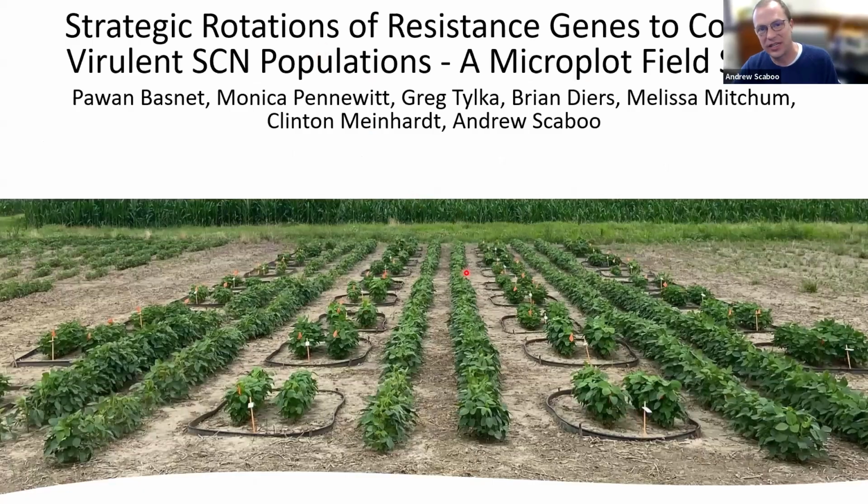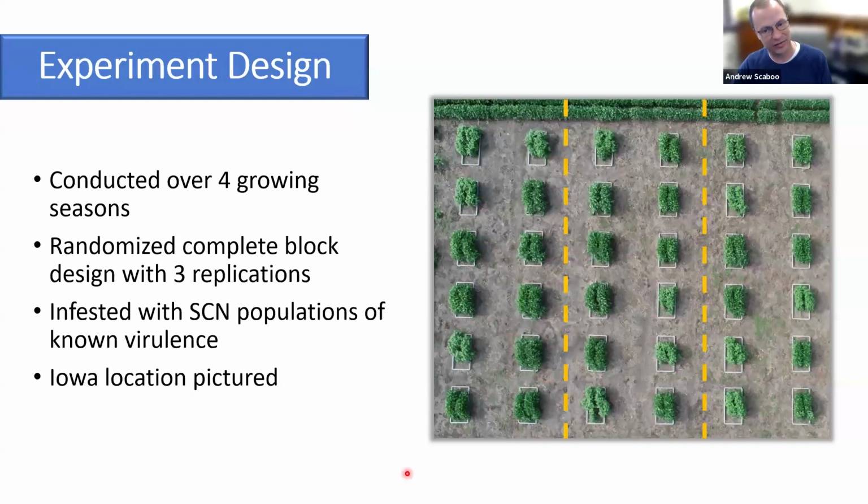So our strategic rotations of resistant genes. This was a project that we started with NCSRP, and this was also led by Poland. Another great graduate student, I believe she's at Bayer now, Monica Penowit, with Greg Tilka, Brian Deers, Melissa Mitchum, and Clinton, and myself.